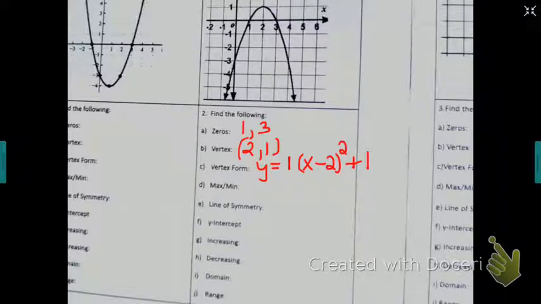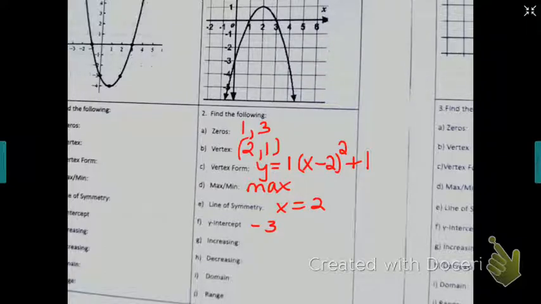In the parentheses, change that sign. But then the 1 just goes on the outside. Okay? Haley, was it a max or a min? Max. Good. Nate, what's the line of symmetry? Good. x equals 2, because it goes through x at 2. Lakin, what's the y-intercept?